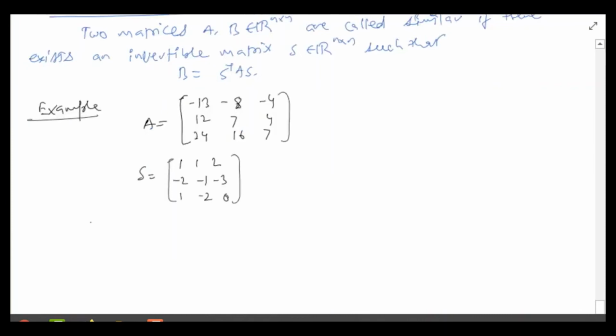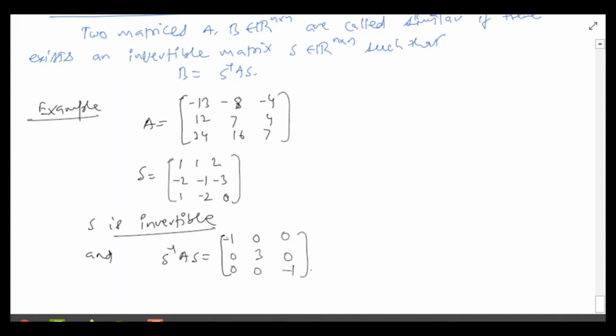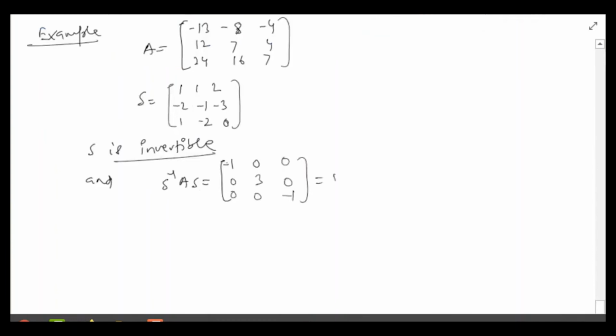In this case, it can easily be checked that S is invertible and S inverse A times S is equal to minus 1, 0, 0, 0, 3, 0, 0, 0, minus 1. Let's say this matrix is B. So in this case A and B are similar matrices.